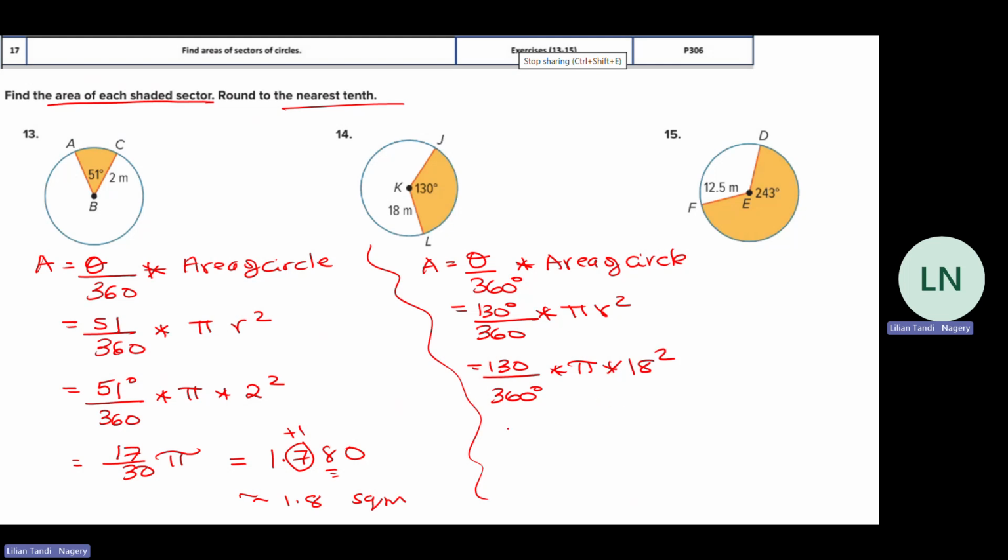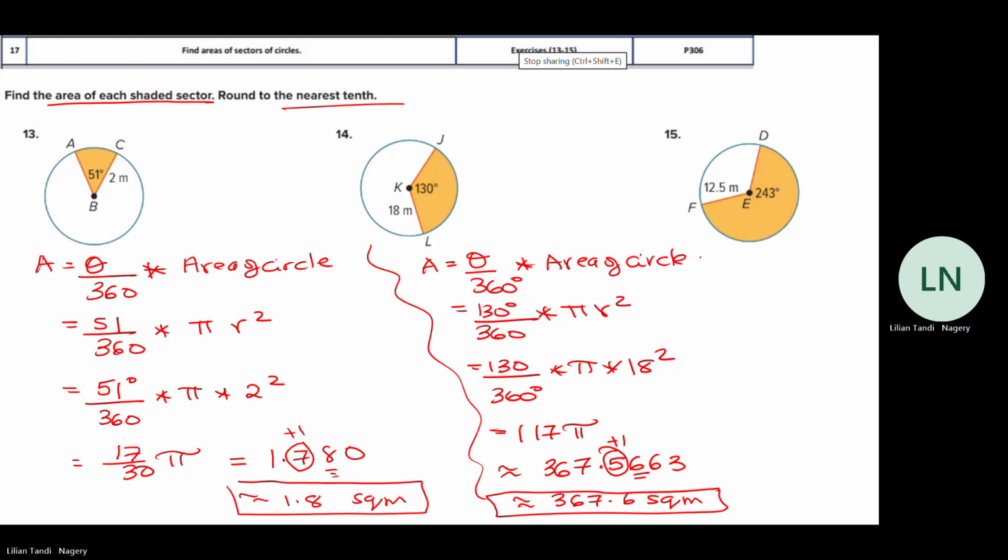This should give me 117 pi, which is 367.5663. I want the nearest tenth. I circle the 5. I underline the 6. After the circle, I am adding 1 because this number is 5 or more. And my new answer is 367.6 square meters. And I box my answer.